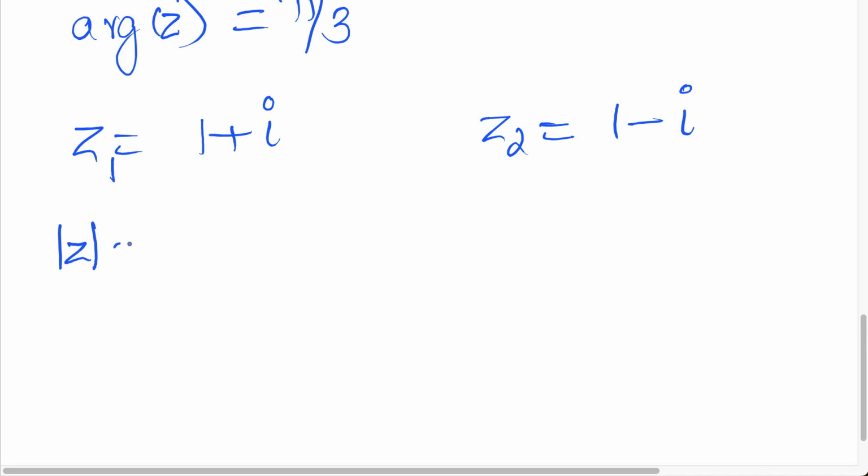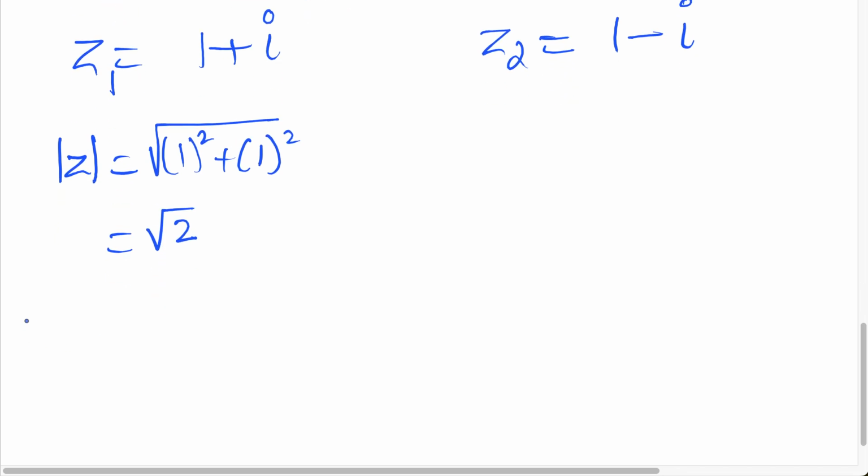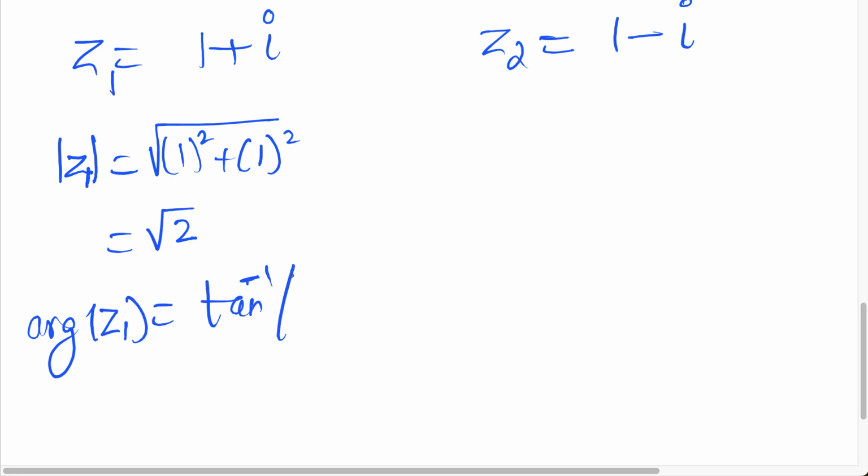So the modulus will be square root of real part square plus imaginary part square. So modulus is root 2, and the argument of z1 is tan inverse of 1 by 1. Tan inverse of 1 is 45 degrees, which is pi by 4 radians. And let's look at z2.